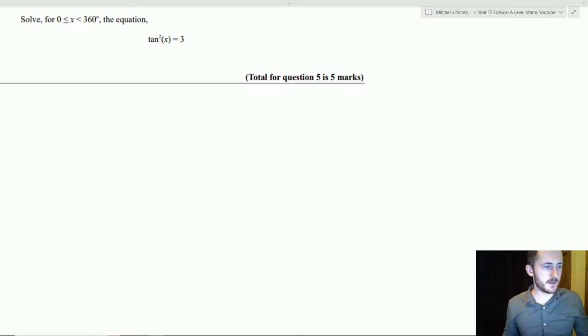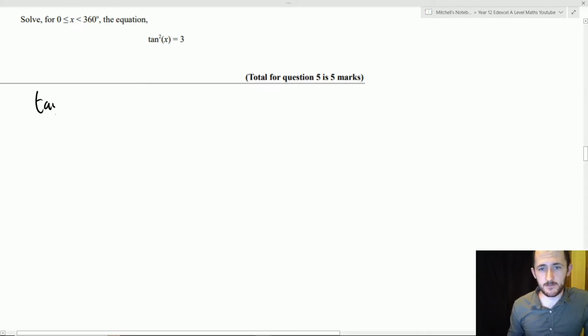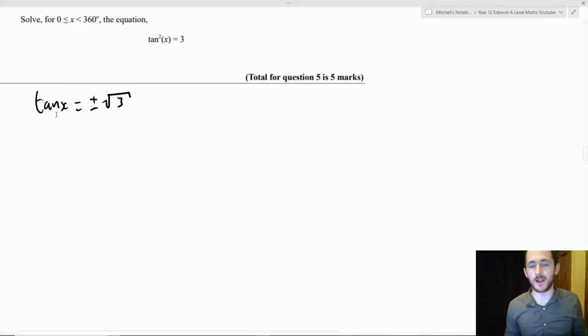So this question, once again, we do something very, very similar to what we had before. However, we have to be very careful. We're going to square root both sides. So now we have tan x equals plus minus root 3. Okay, so we have to do the cast diagram twice.